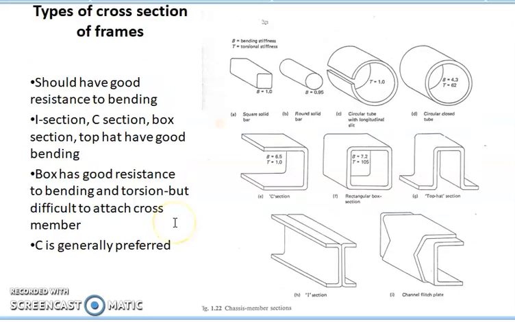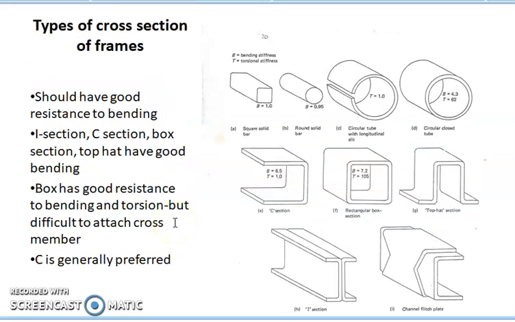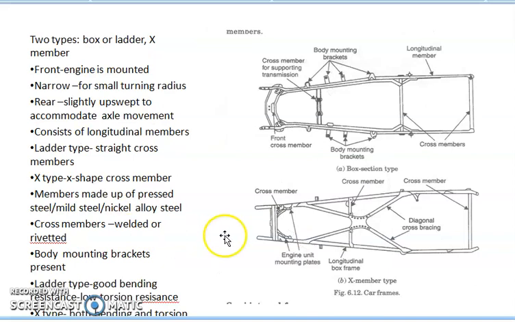Based on this, we discussed the various cross sections of frames that are available and the generally preferred cross section, and then the two types of frame, that is box type frame and X type frame. In the next lecture, we'll discuss the third part of the vehicle construction lecture, which is the body. Thank you.